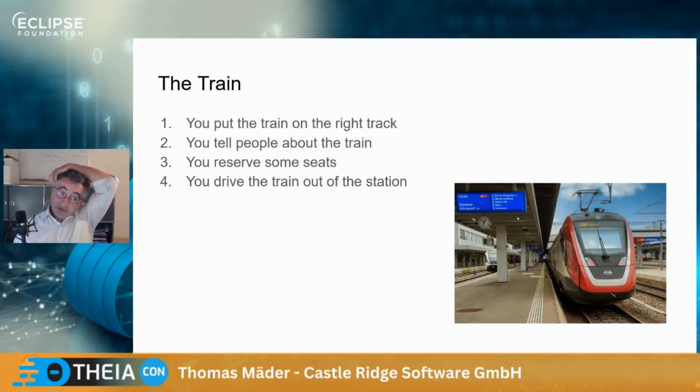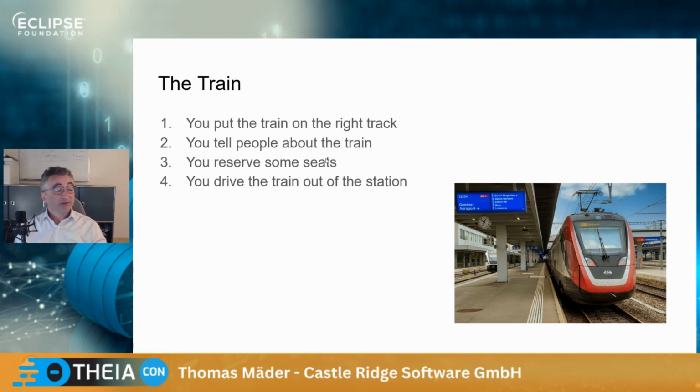Jonas Helming, who we've heard before, actually calls this the train model. So what do you do if you want to go somewhere with the train? First, you have to put the train on the right track. We did that by identifying the to-dos, what do we need to do, and by making it simple for people to sign up for the different items to do, right? Second thing is you need to tell the people about the train, because if nobody knows the train is leaving, you're going to be quite alone on the train.